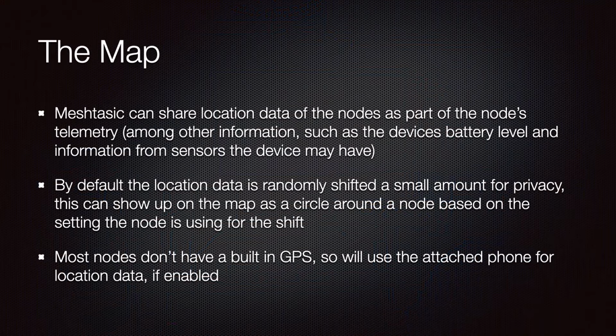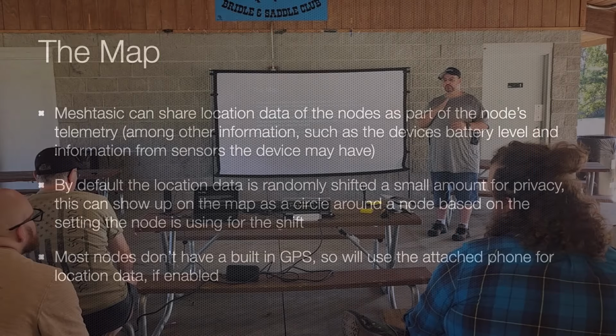The map. One of the big things with Meshtastic is sharing your location. It doesn't rely on any kind of radio finding or anything like that. It relies on either a GPS module attached to your node or the GPS in your phone. All it's doing is taking that location data, and by default, it's shifting it a bit in a random direction.